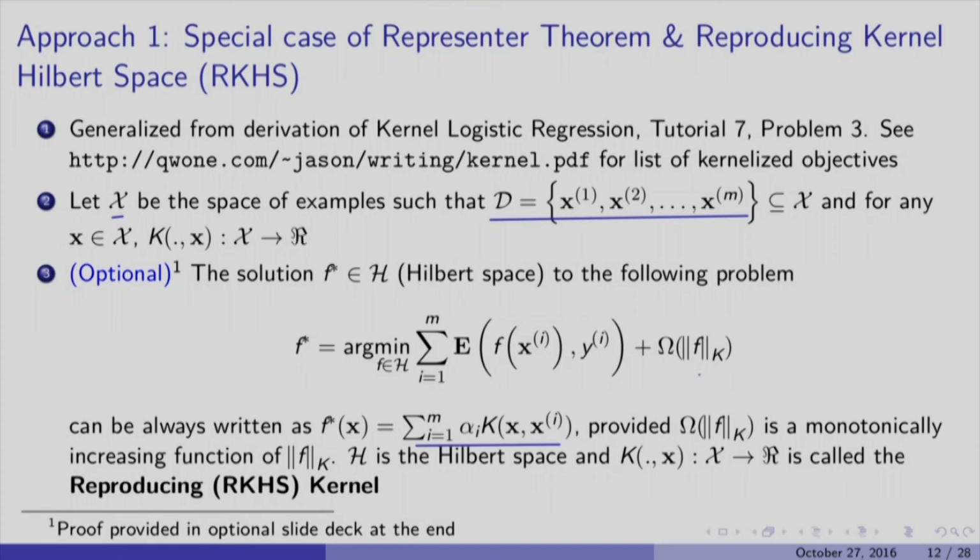The only condition is that omega, the function that is applied on the norm induced in the Hilbert space, is a monotonically increasing function.